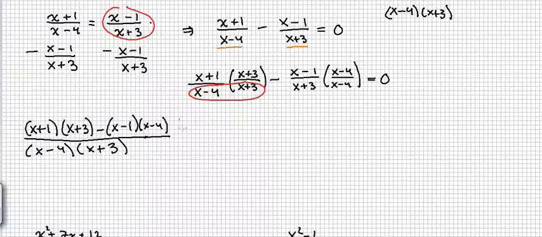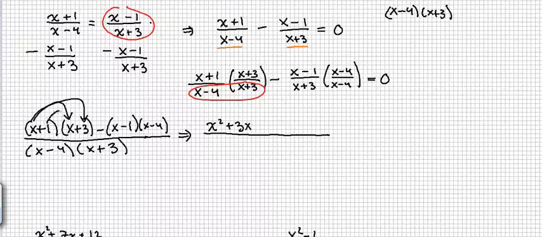So we're going to do a lot of FOILing here. That's going to get multiplied by these two. That'll give us x squared plus 3x. This will be multiplied there and there, which will give us plus x plus 3. Okay, we've got to really mind this negative sign right here. This guy is going to be really important.